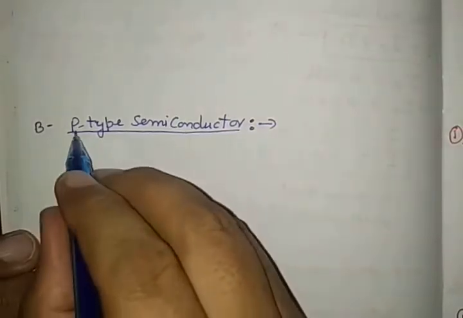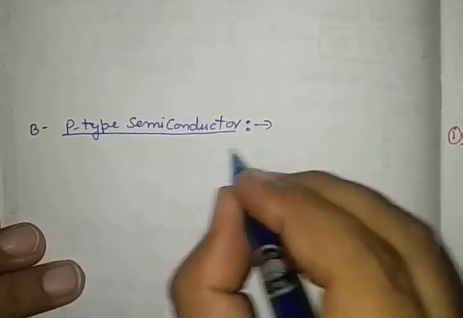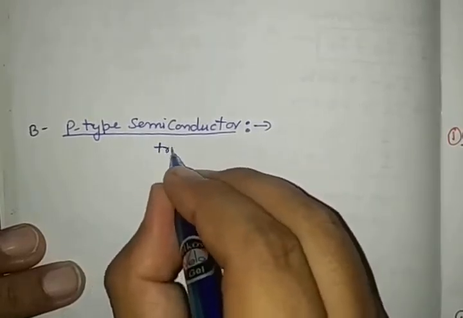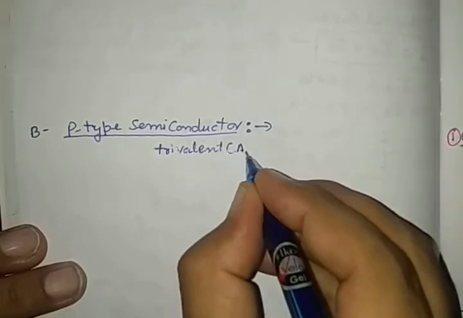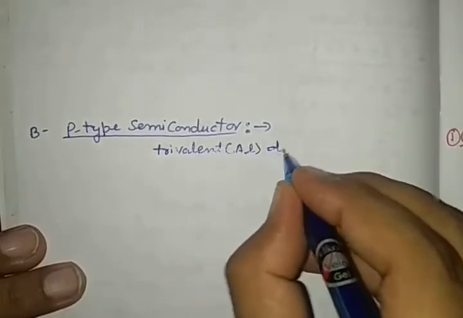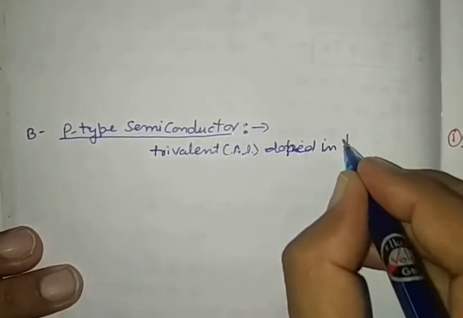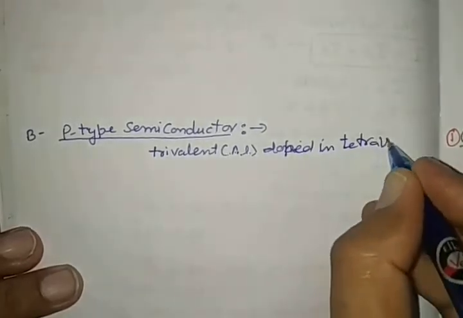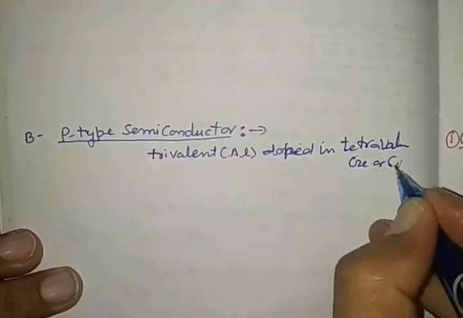The p-type semiconductor is also called a positive type semiconductor, in which a trivalent atom such as aluminum is doped into tetravalent germanium or silicon.